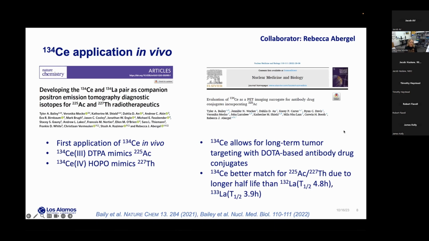With a very recent application, they also showed that cerium-134 allows for longer-term tumor targeting with DOTA-based antibody drug conjugates. I don't have enough time to cover more details, but the 2 publications are mentioned at the bottom of the slide.